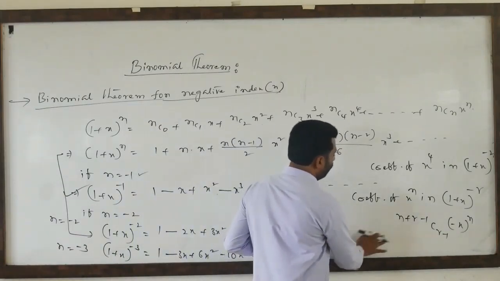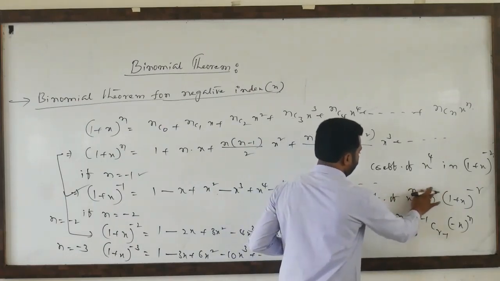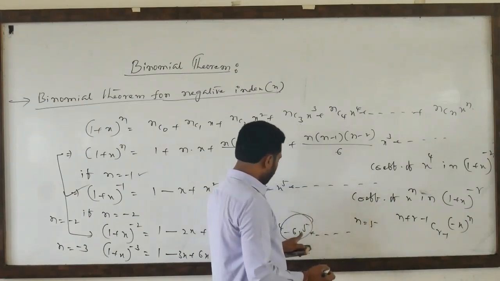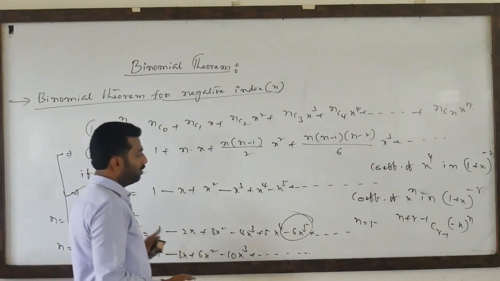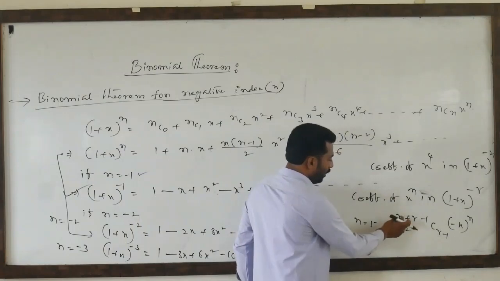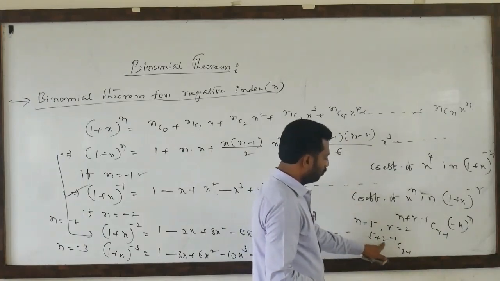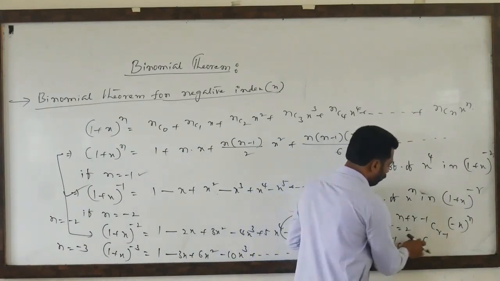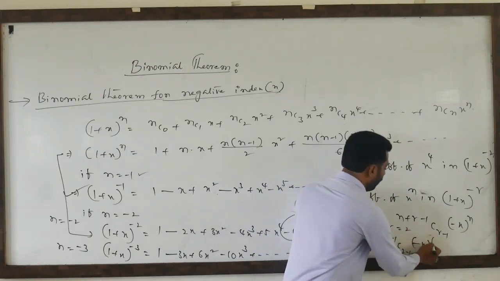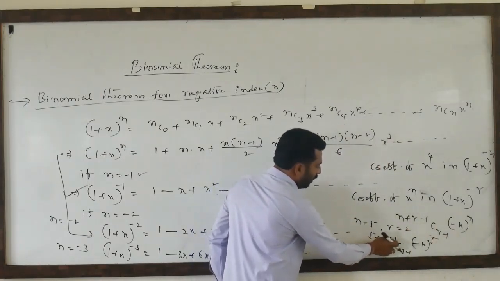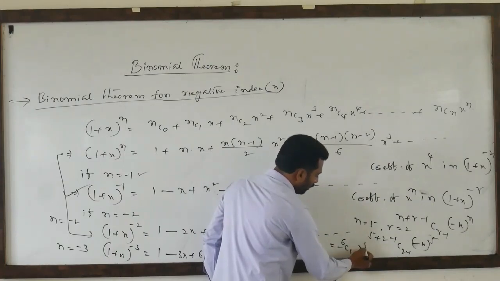Whether minus 6 will come or not, observe. The coefficient of x power 5 means n value 5, and the expansion is (1 plus x) whole power of minus 2, so r value is 2. Substituting, 5 plus 2 minus 1, that is 7 minus 1, 6, C 1, times minus x to the power 5.